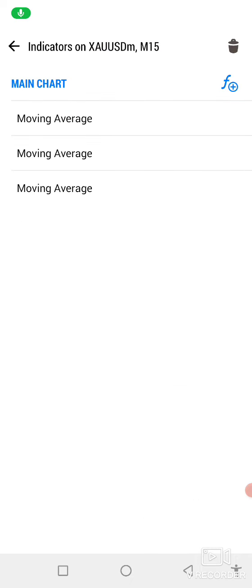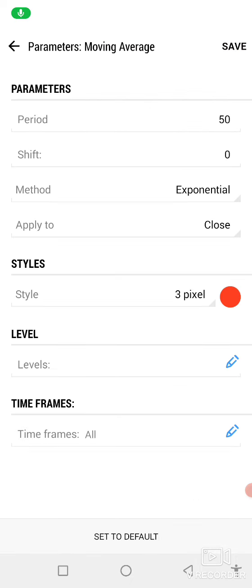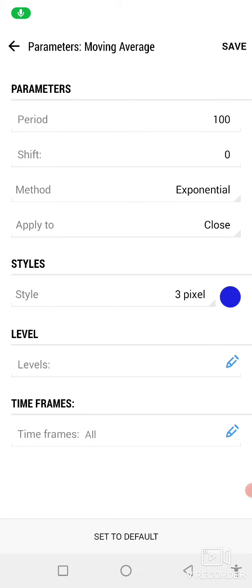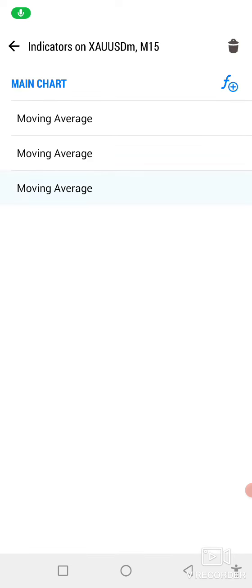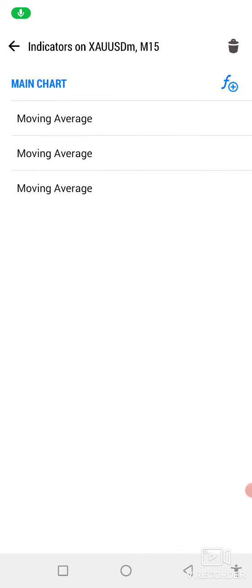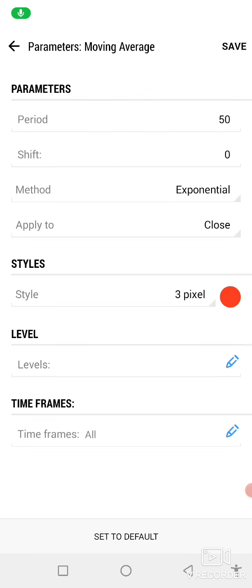You have 3 moving averages, and they are all exponential EMAs: 50, 100, and 200. 200 is black, 100 is blue, and 50 is red.